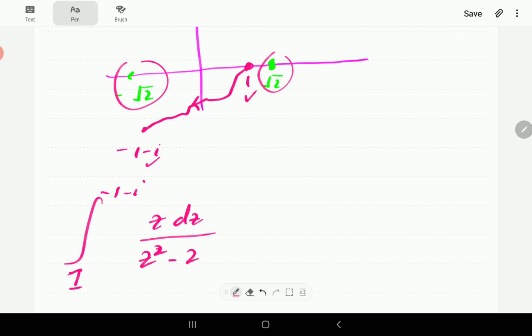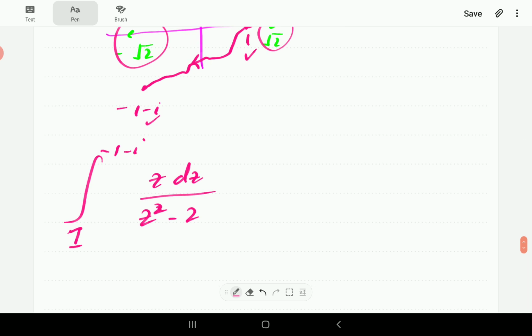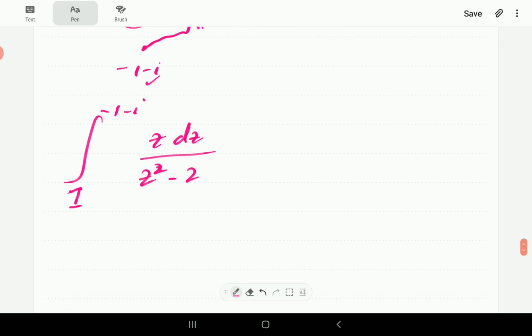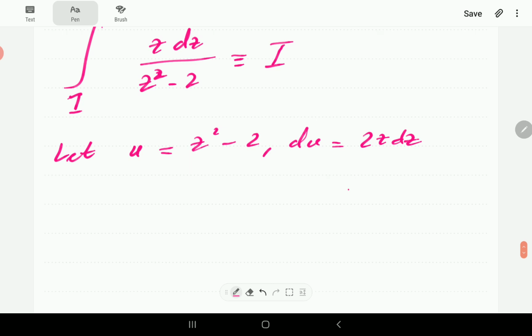There are at least two methods we could use to integrate this. The shortest one is going to be the u substitution. So if we let u be equal to z squared minus 2, then du is going to be 2z dz. So z dz is going to be half du.